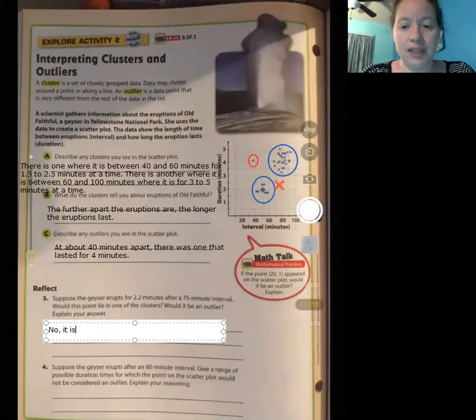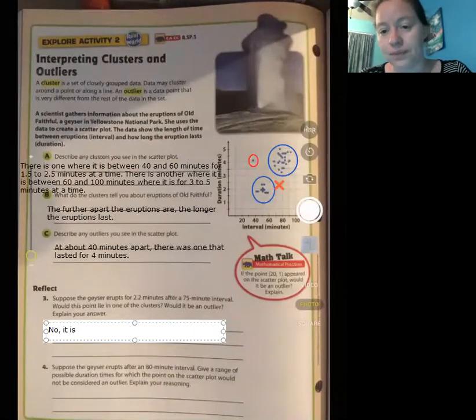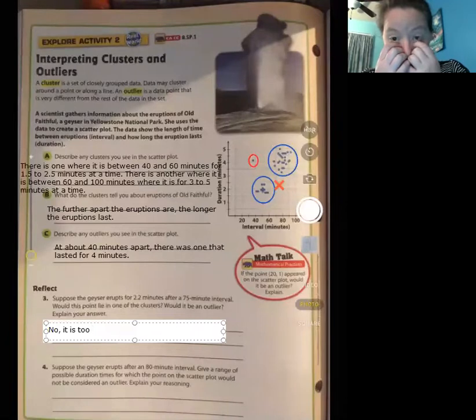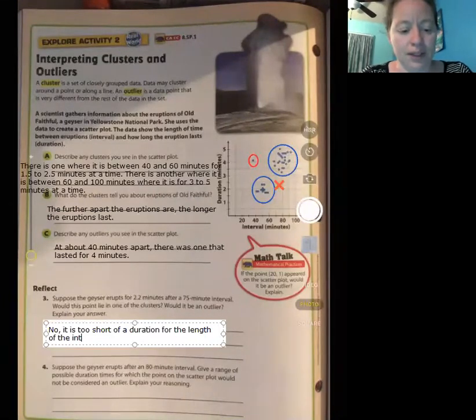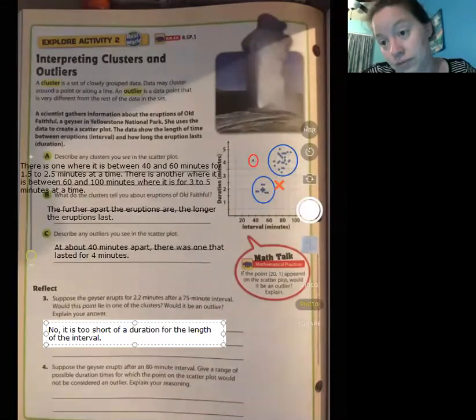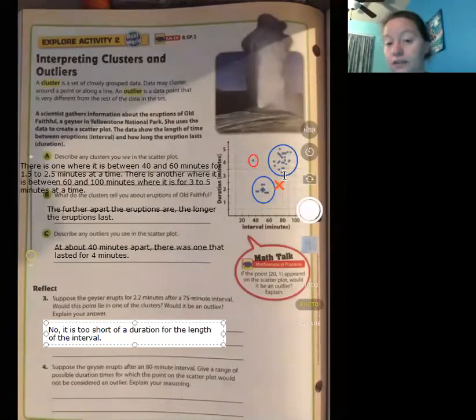No. It is too short of a duration for the length of the interval. See, it is very much not inside one of the clusters.